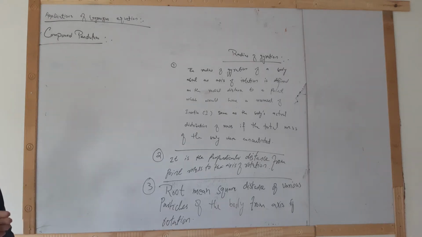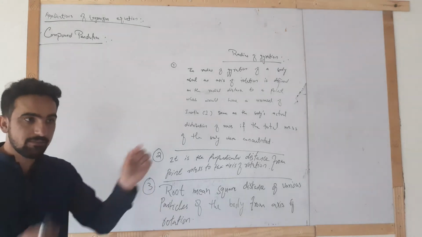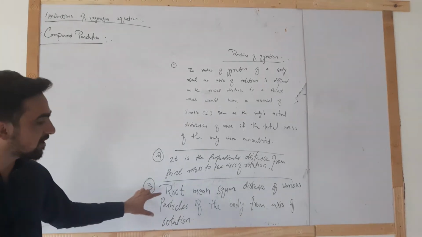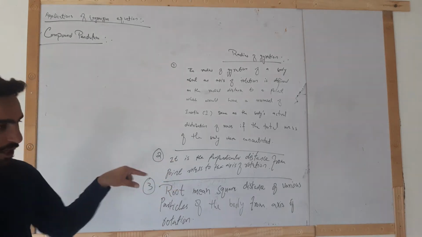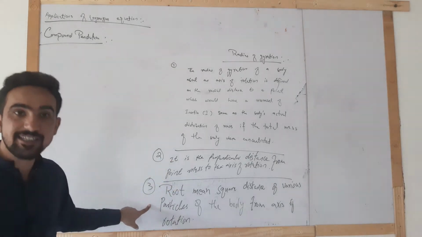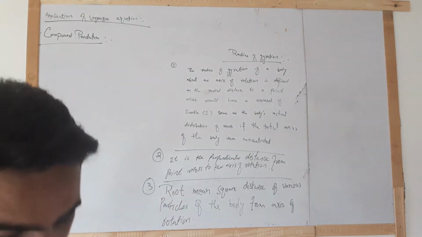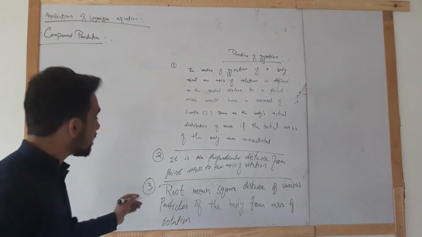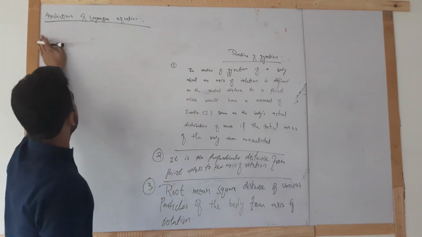As we know, a rigid body consists of many small classical particles, so the root mean square distance of each particle from the axis of rotation is called the radius of gyration.